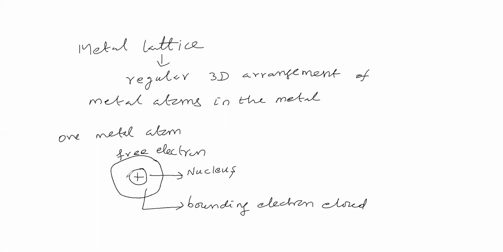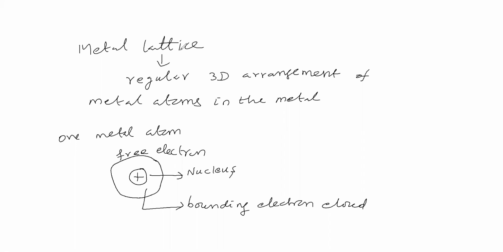That means this free electron is not only attracted by this metal atom. This free electron is attracted by all the metal atoms in the lattice.